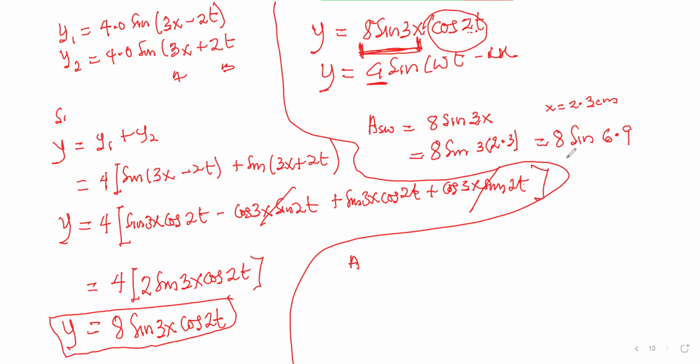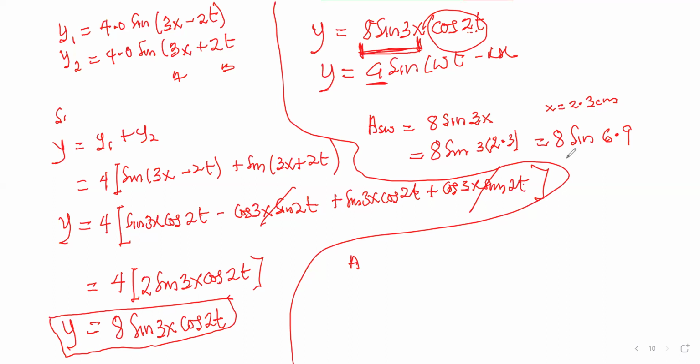So change your calculator's angular measurement to radians and then input this. Or change 6.9 to degrees, but it's easier changing it to radians. So let's change the calculator's angular measurement to radians and then input sine of 6.9.